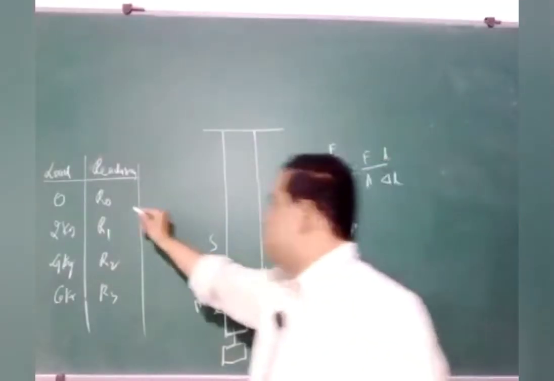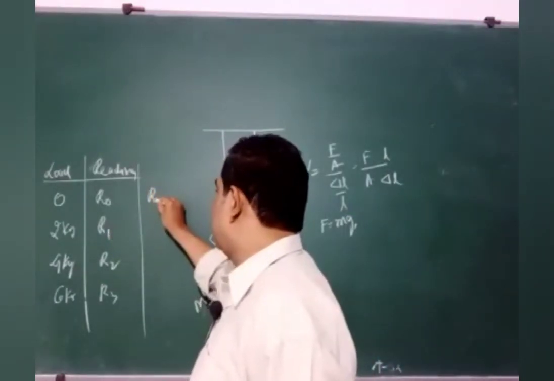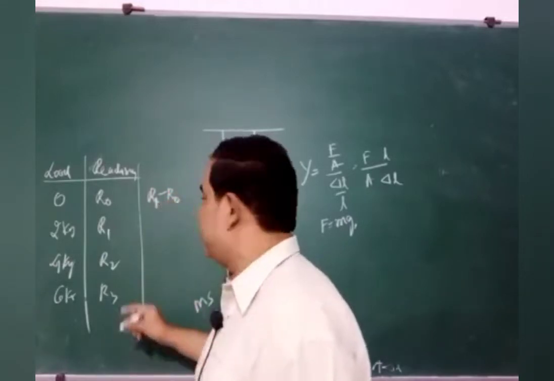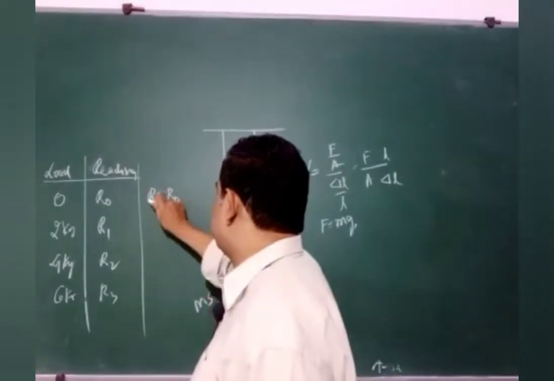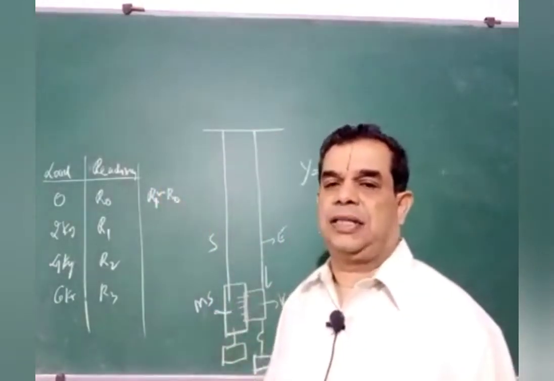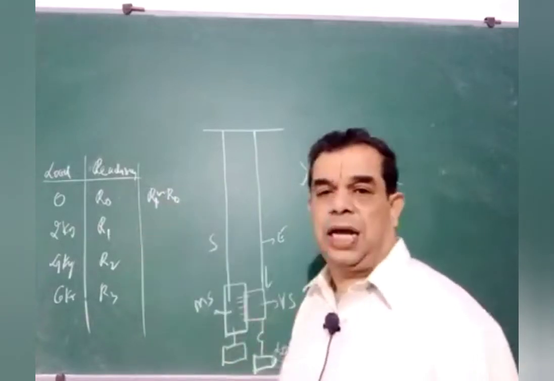Observe, originally R0, then R1. So we take R1 minus R0, whichever is larger, that is to be taken. Among R0, R1, which is larger depends on how we fix the scale. Sometimes R0 may be larger or R1 may be larger.